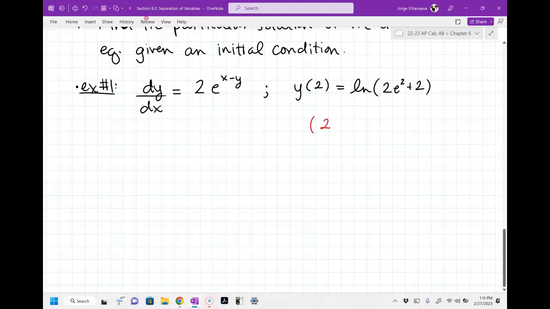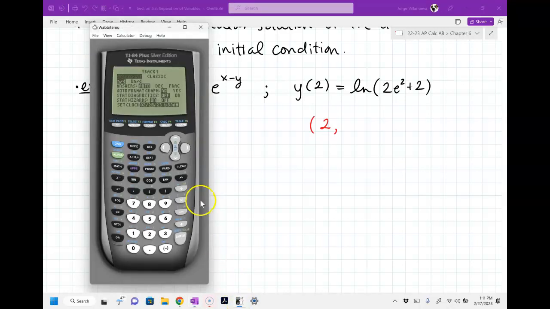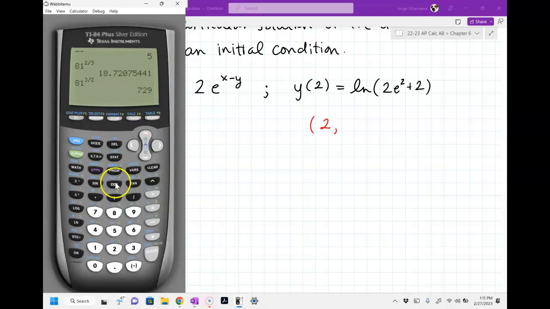So it's 2 comma, and let's find out what ln of 2e squared plus 2 is. So natural log of 2, where's my e value? Oh, it's down here. Whoops, that's not the right thing.